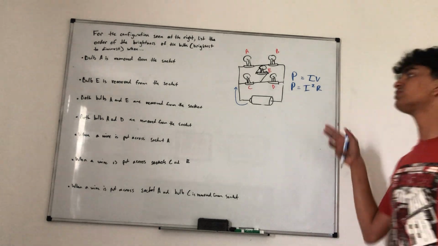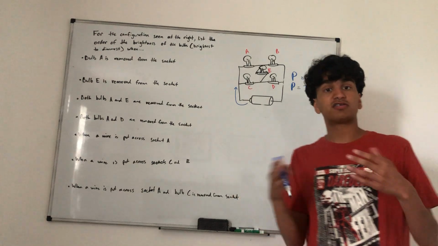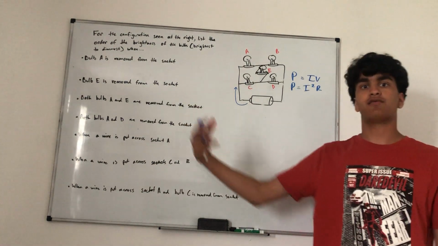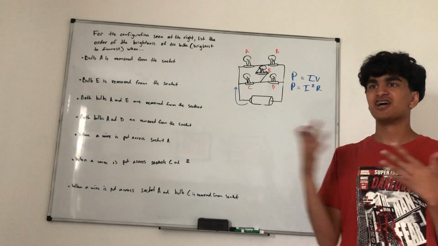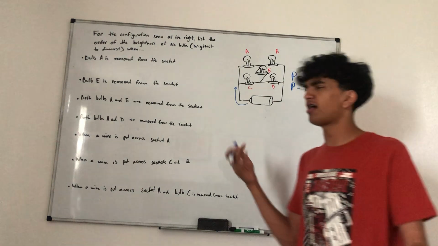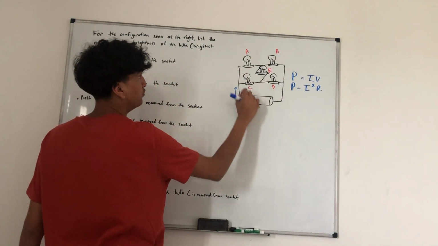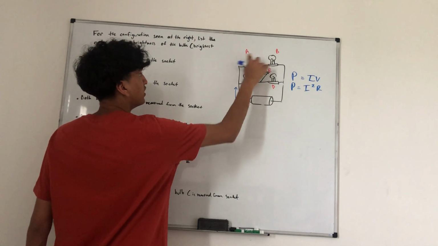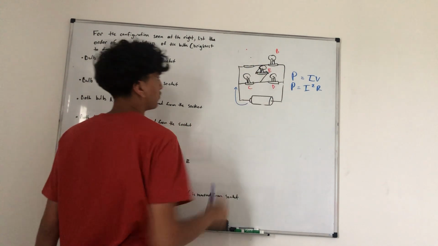When a bulb is removed from the socket, that means current doesn't flow through the light bulb. There's going to be no current, essentially. I'll explain it like this. If you have current come through the positive terminal, and bulb A is removed, now it doesn't know where to go. There's no more light bulb to go through.